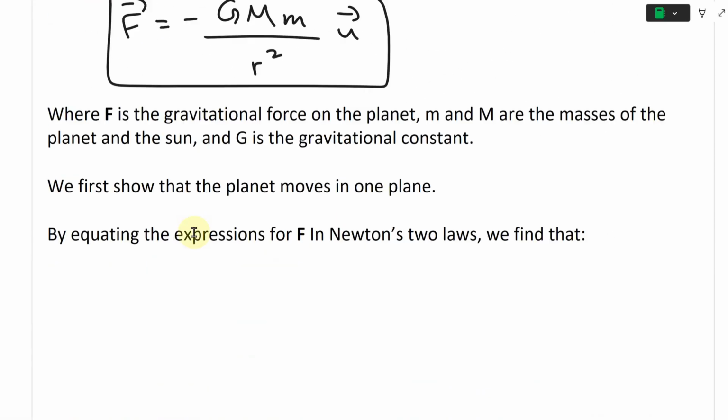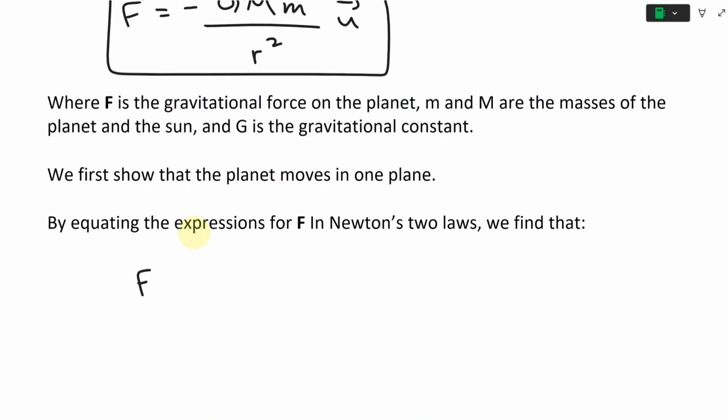So the force is equal to the second law, F equals ma, and the gravitational one is equal to negative G M m divided by r squared, times the u vector.